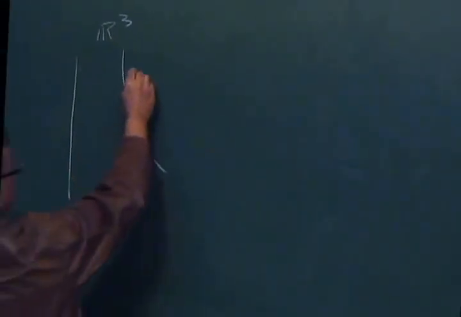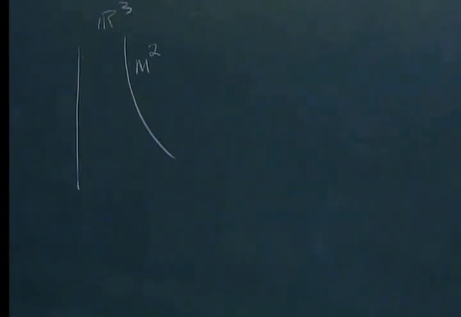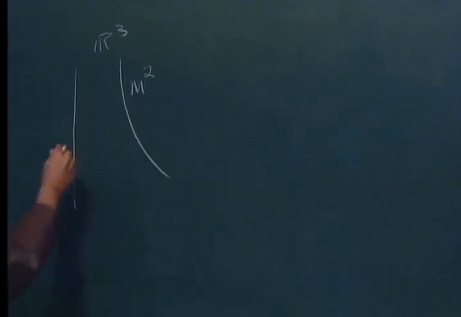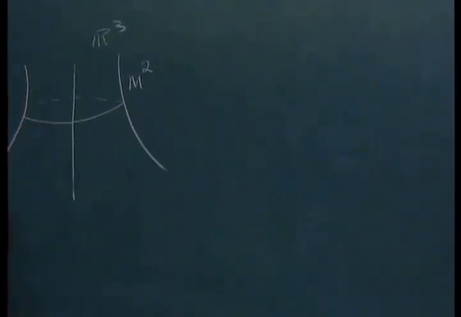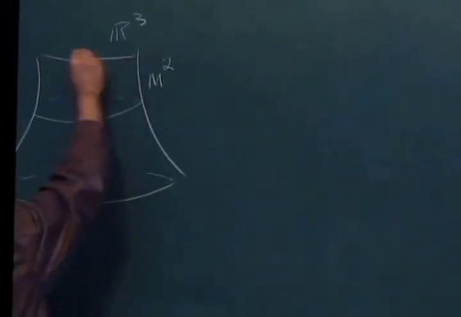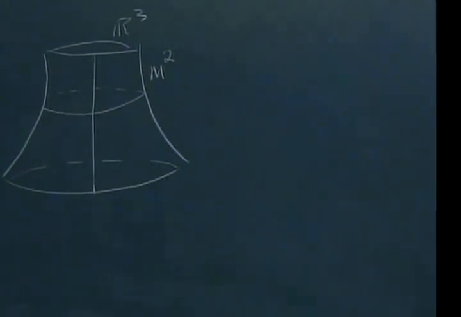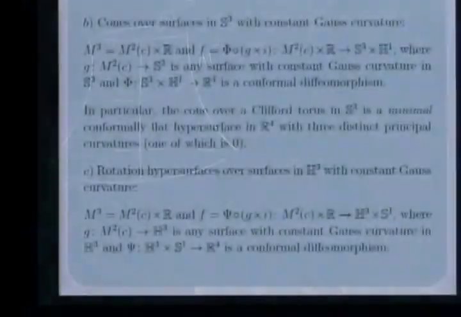And then you take a surface in this half space which has constant Gauss curvature with the induced metric from the hyperbolic metric. And then you just rotate this surface. You get a hypersurface in R4 which intrinsically is again conformal to a Riemannian product like that.